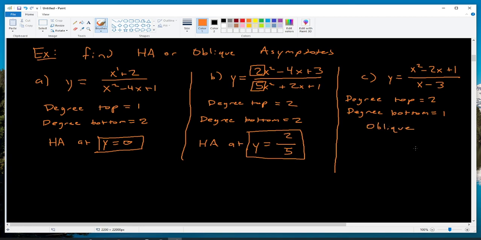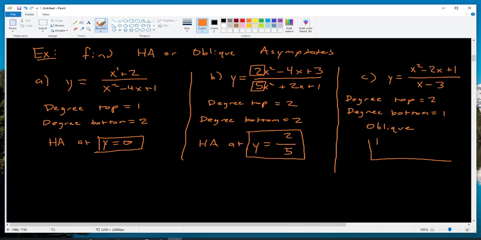What division are we talking about? The polynomial division listed in the rational function. Since the denominator is of the form x plus k or x minus k, since it's x minus 3, we can do this division with synthetic division.